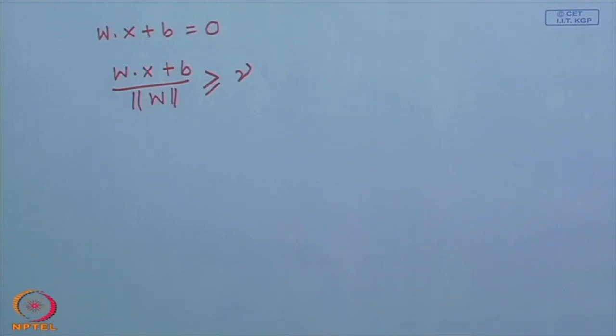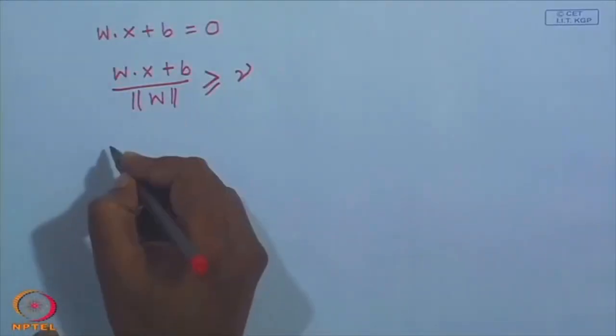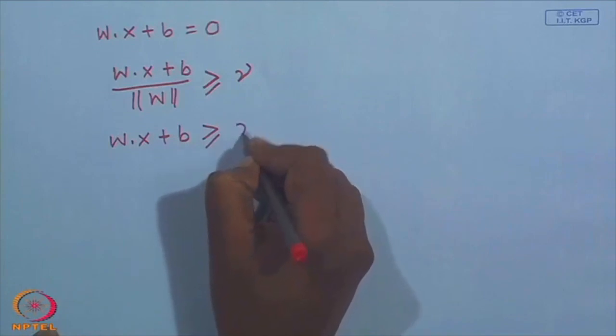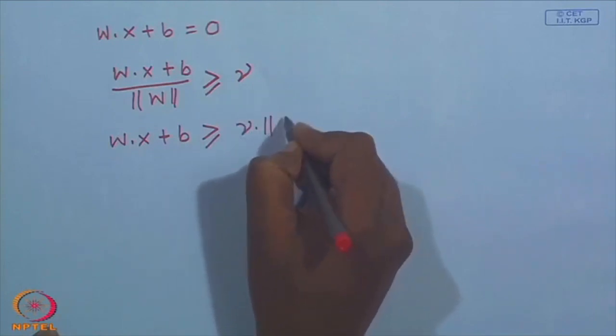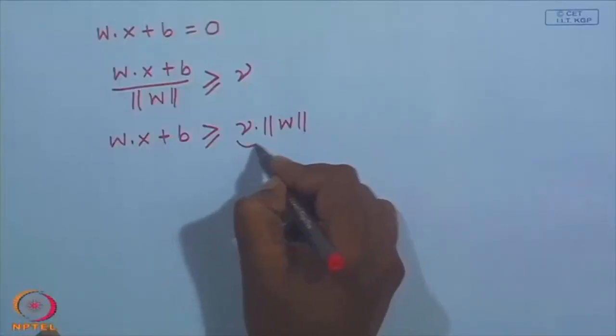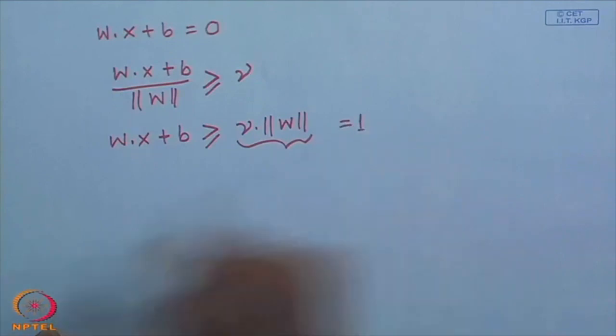My decision regarding the correct classification of the feature vectors is independent of scaling of vector w, because vector w simply tells me the orientation of the plane. So, whatever scaling factor I apply to w, my decision remains the same. So, I can simply put that W transpose x plus b has to be greater than or equal to this term into mod W, and by proper scaling, I can set this term equal to 1.